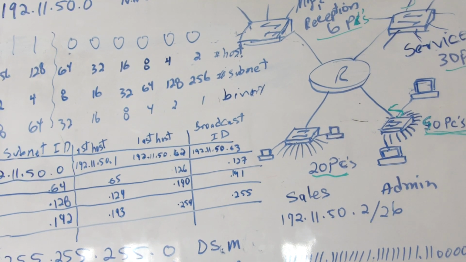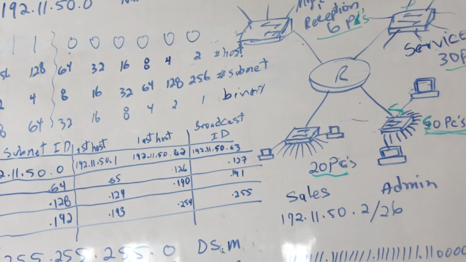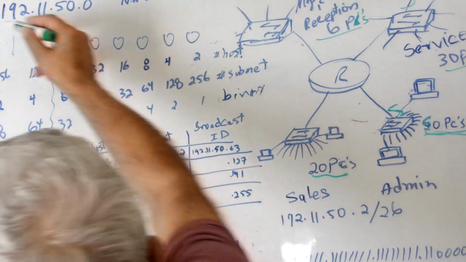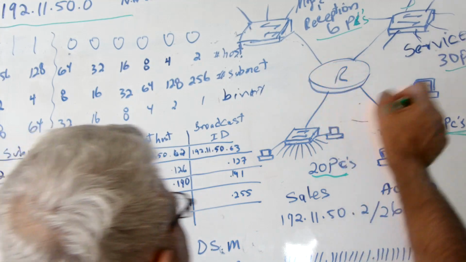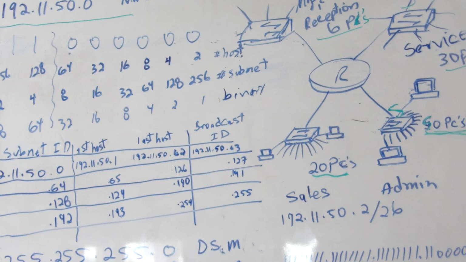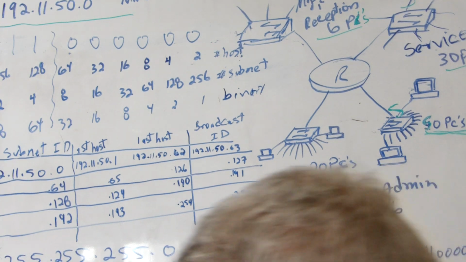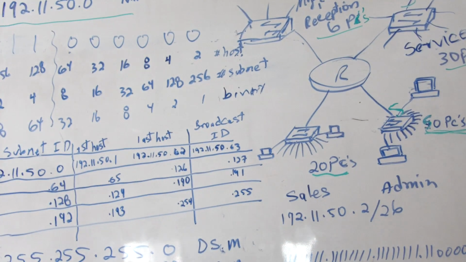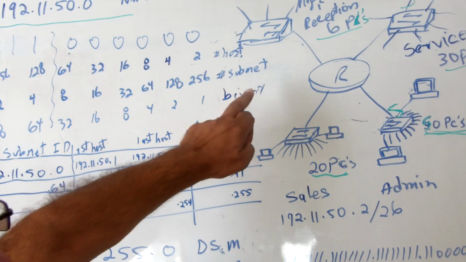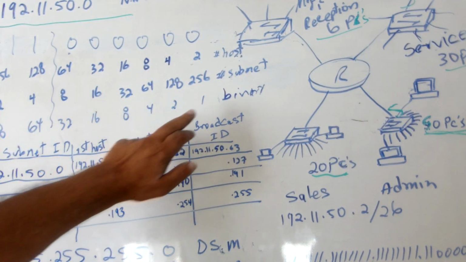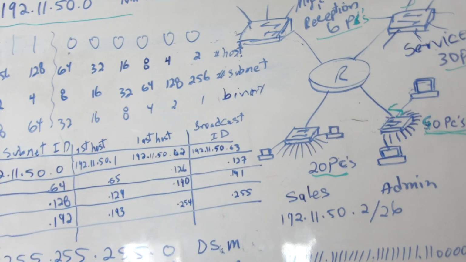So your boss says, do this subnetting for me for the network here, and one of them has 50 personnel. So what you do, I showed you a table, where the top part is host, the middle one is subnet, and the bottom one is binary.